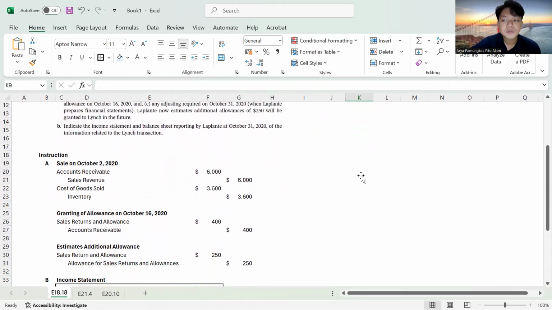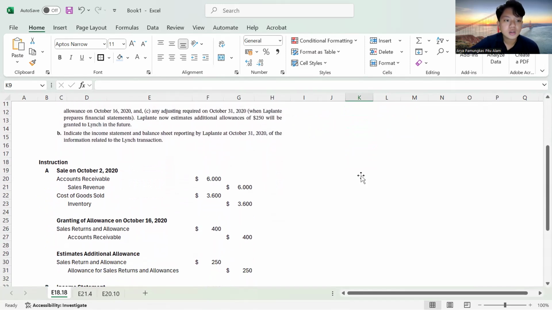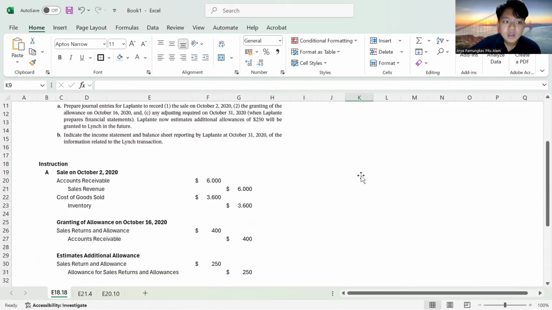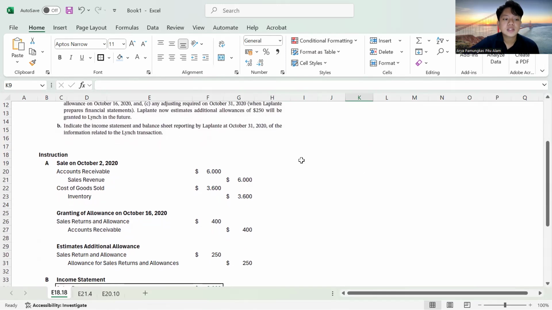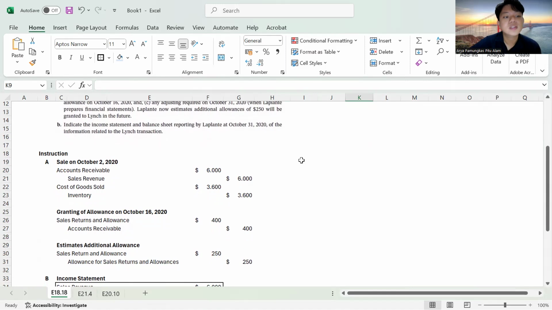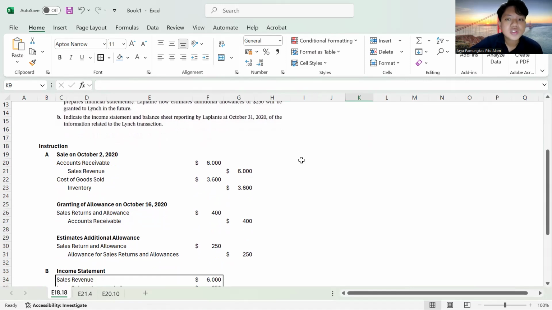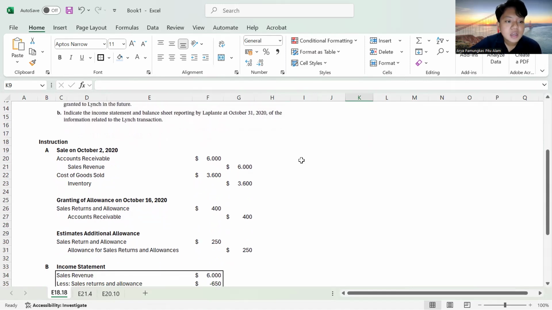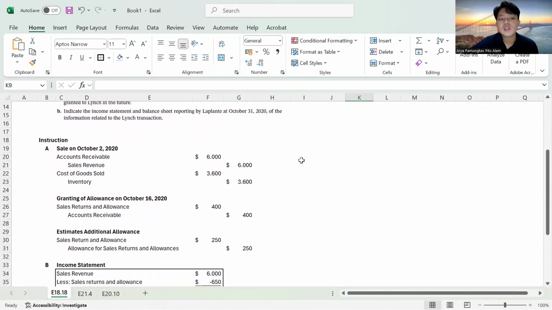So first we are going to do the entries for the sale on October 2, 2020: accounts receivable and sales revenue, both for $6,000, and cost of goods sold and inventory, both for $3,600.